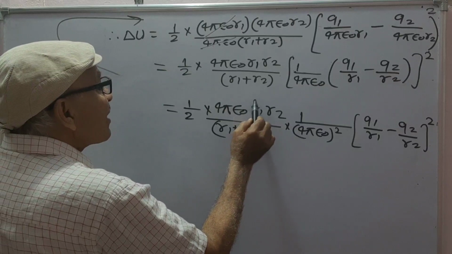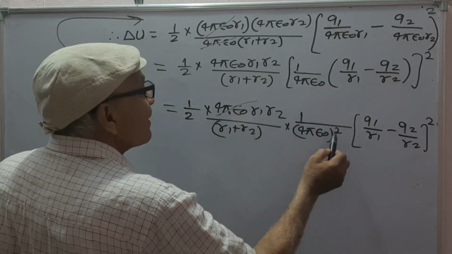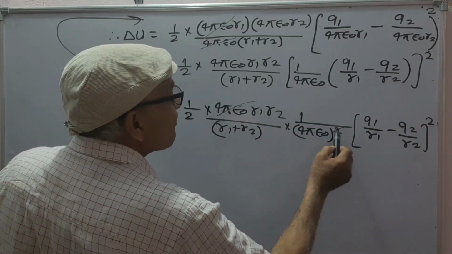Now 1 power of 4 pi epsilon naught gets cancelled and we get power 1.